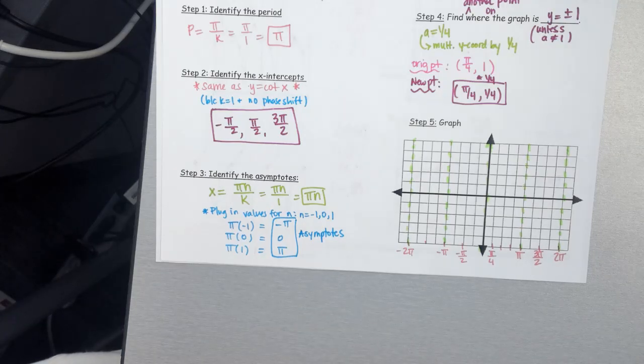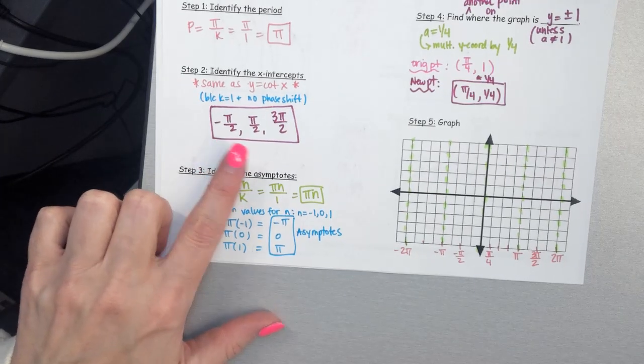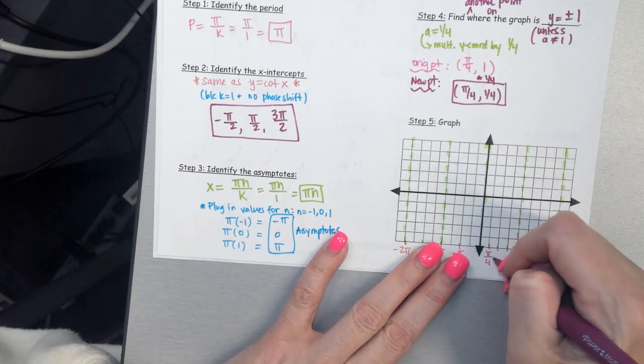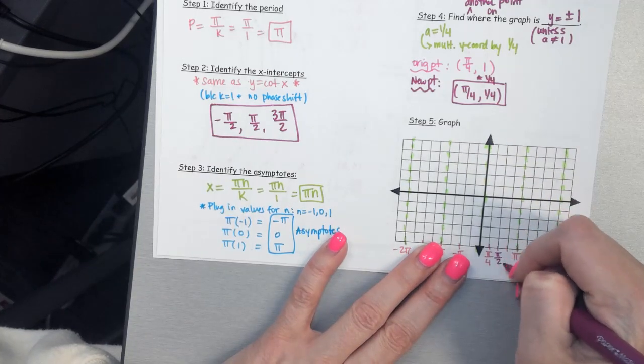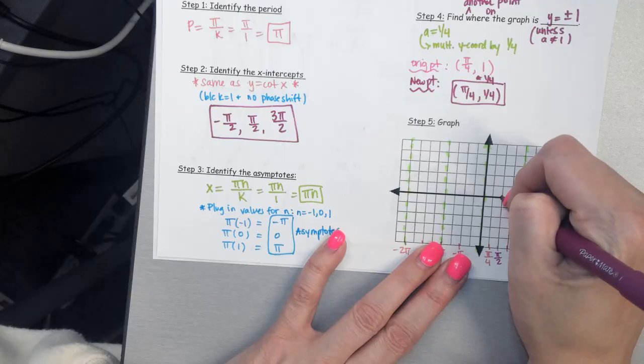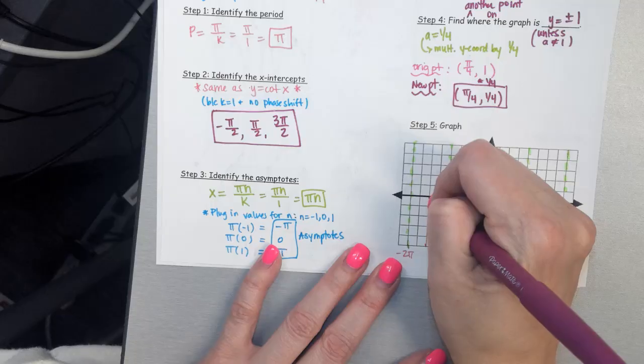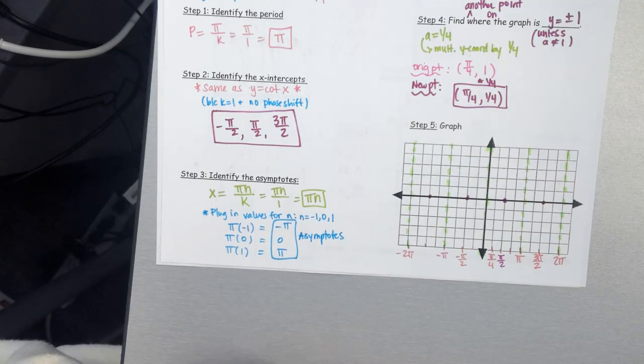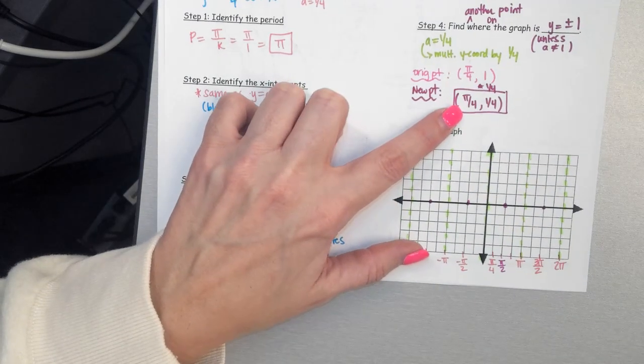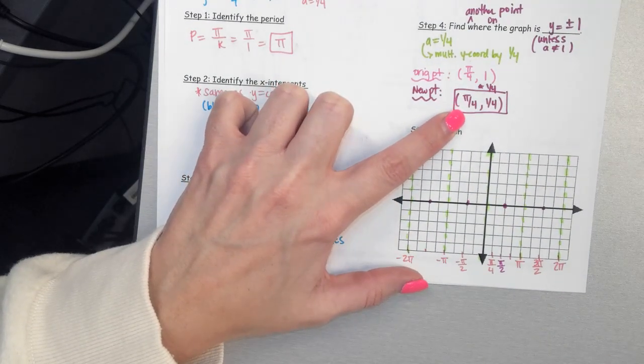Okay, so when you're plotting your points, you have pi over 2. So this is 1 pi over 4. 2 pi over 4 is pi over 2. It should also be in the middle. Okay, and then when you're graphing this point, you only have to write down 1.